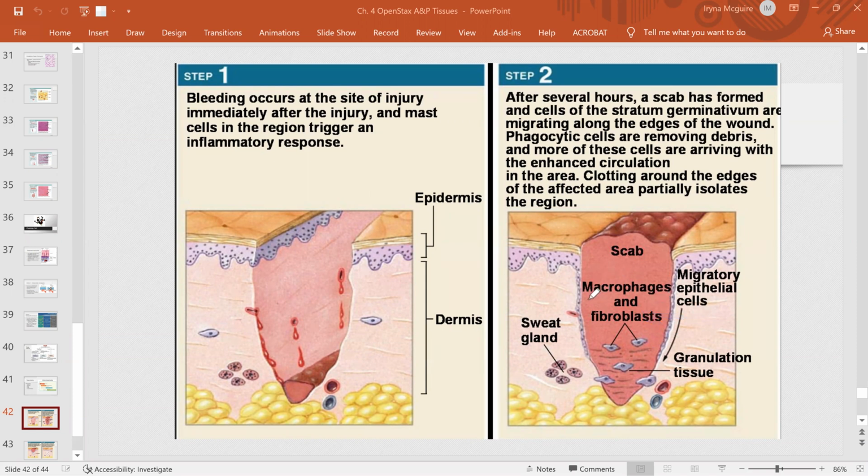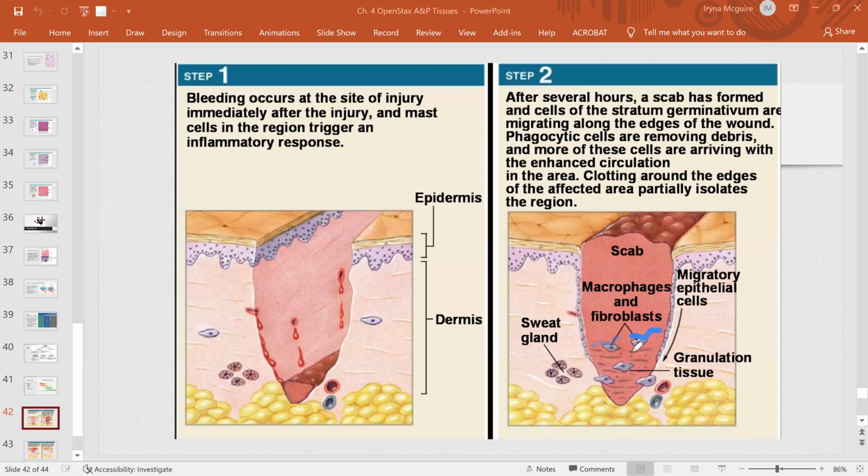Now, white blood cells, macrophages and basophils, but those are white blood cells, and fibroblasts pretty much accumulate in this area. Now, macrophages, they're removing debris, right? Fibroblasts, they start secreting collagen.